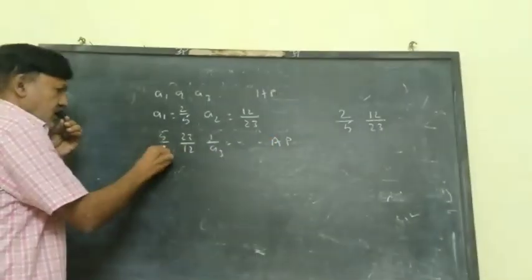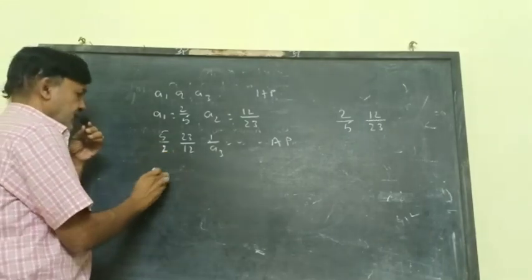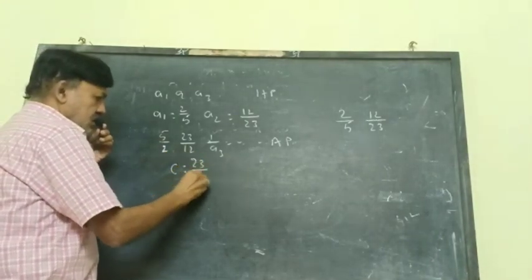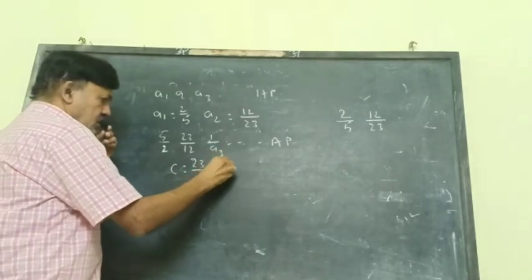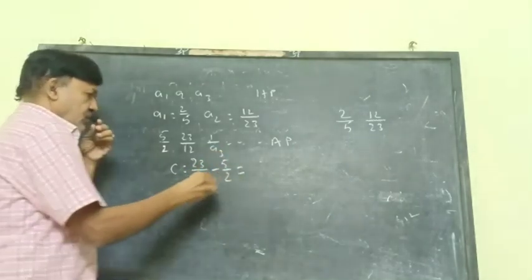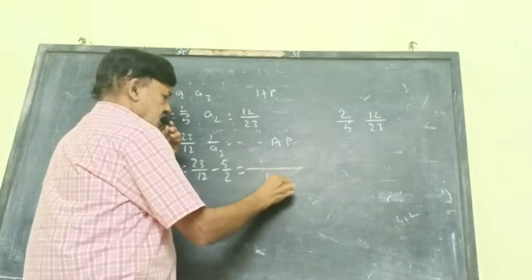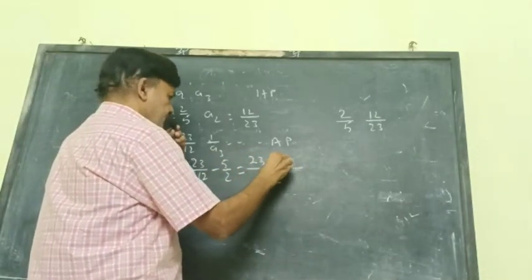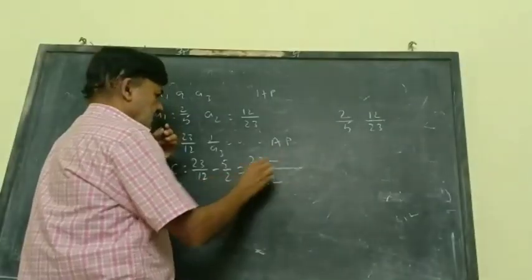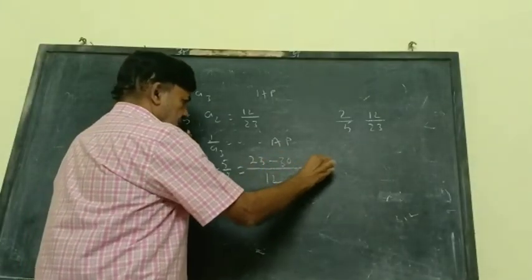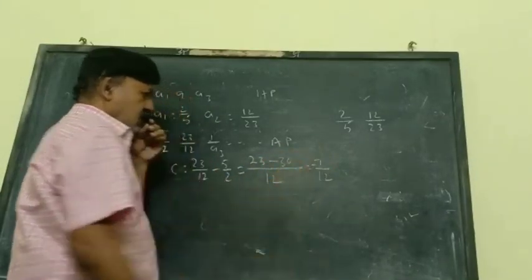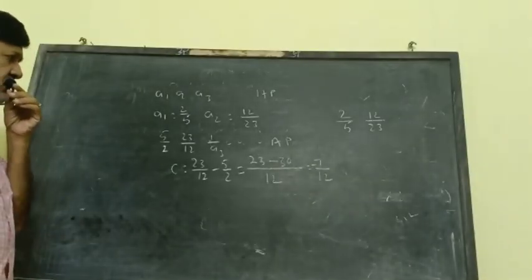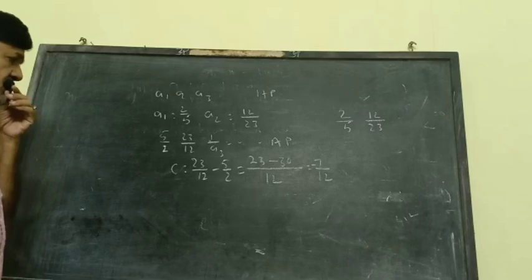You can find out common difference. D will be equal to 23 by 12 minus 5 by 2. So 12 is LCM. 23 minus 30 means minus 7 by 12. Minus 7 by 12. Right.